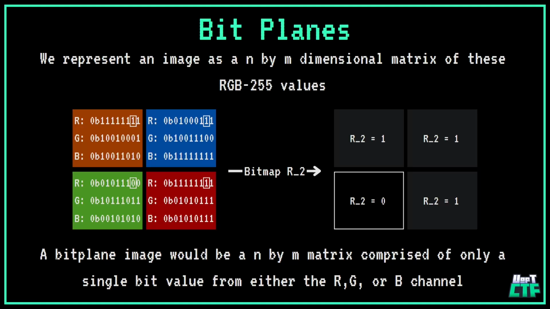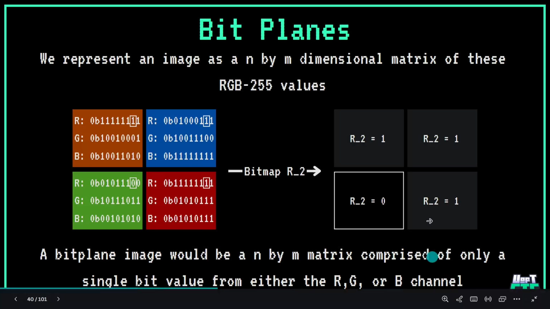So if you represent your image as a matrix of RGB values, and you wanted to create a bit plane of the red value, you only get the bit for the red channel, and you only get the second bit of that. So this is an image representation of a bit channel, and you'd create a different matrix like that, essentially. So you can create a different image like that.